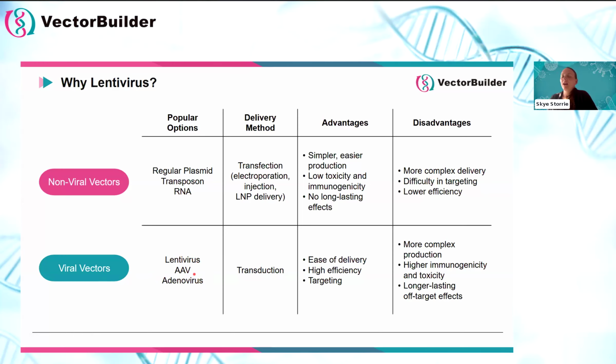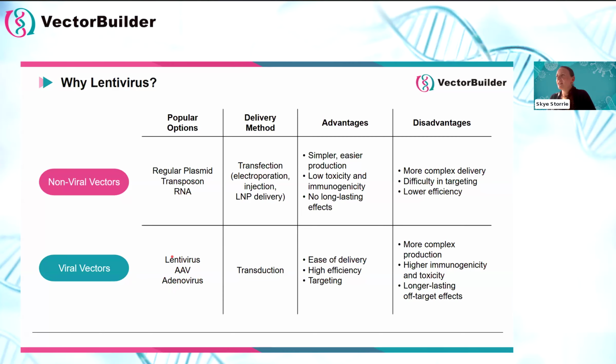You can also harness some natural aspects of the virus's targeting capabilities to target specific cells and tissues that you want to. But of course, the main drawback of this, as we just talked about, is you've got to package your virus. So this involves cloning all your different plasmid constructs and then packaging and producing your virus, as well as QC and purification, all these things. So it is a bit more complicated production.